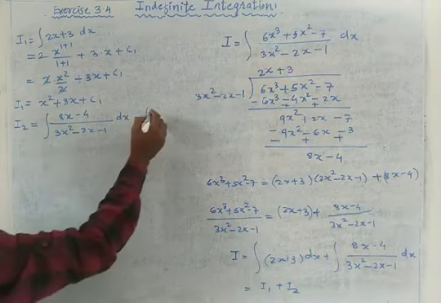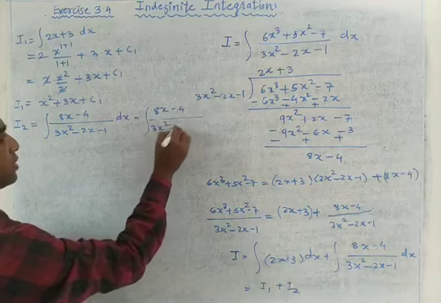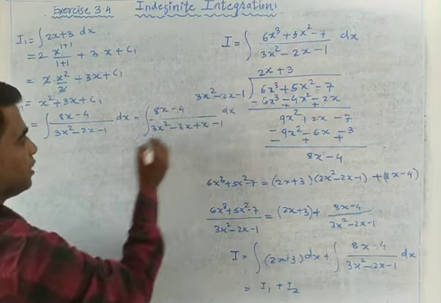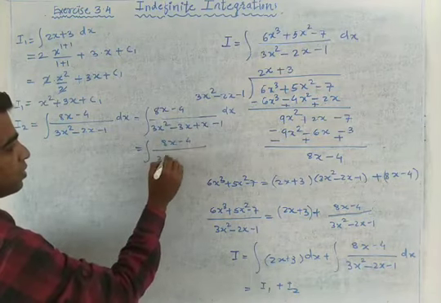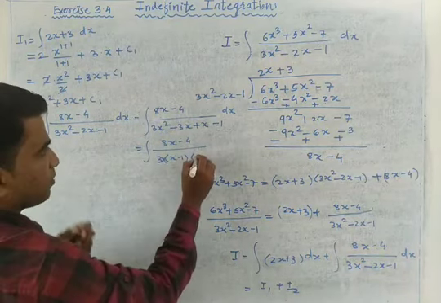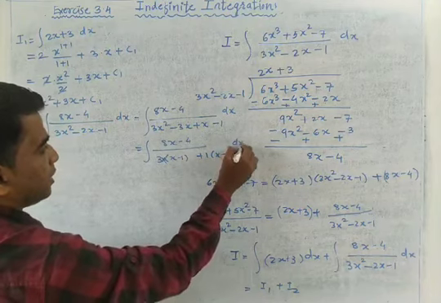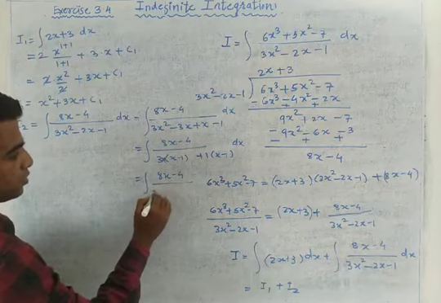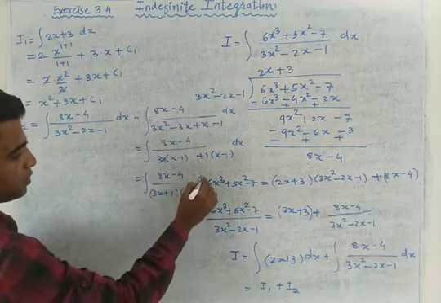So the integral is 8x minus 4 upon 3x square minus 3x plus x minus 1 dx, that is 8x minus 4 upon 3x into bracket x minus 1 plus 1 into bracket x minus 1, so finally 8x minus 4 upon 3x plus 1 into x minus 1 dx.